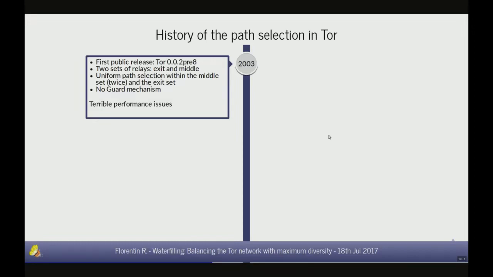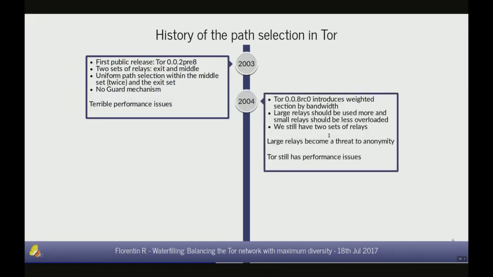So logically, they added the fact that relays are selected proportionally to the bandwidth, but doing so, large relays become no threat to anonymity. And also, at that time, there were still performance issues because you have essentially two sets of nodes and three positions.